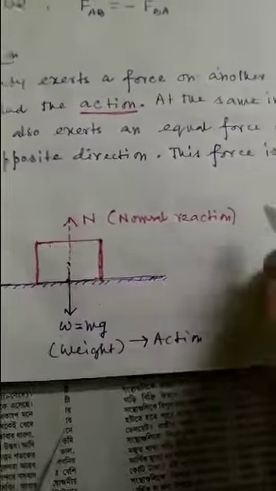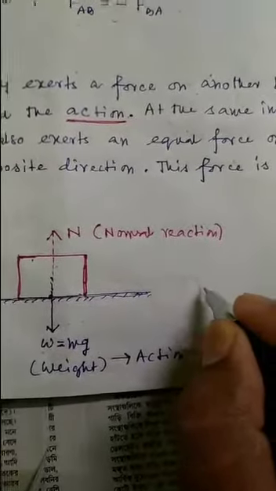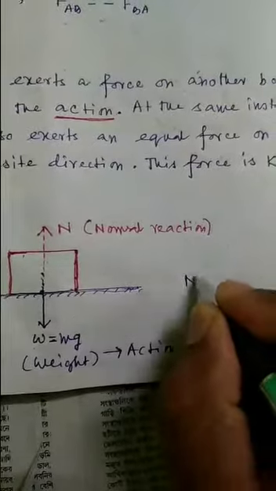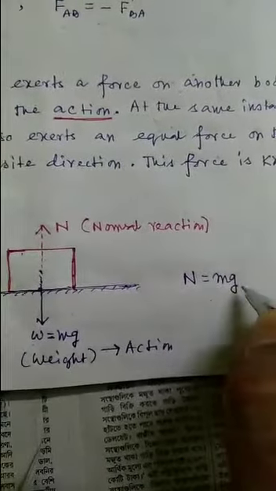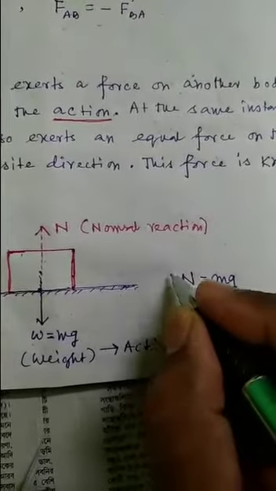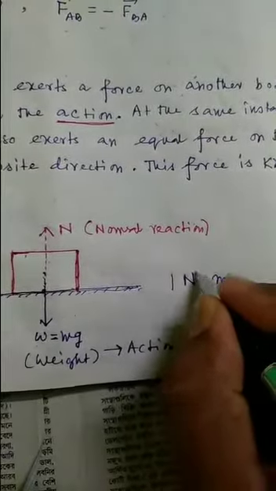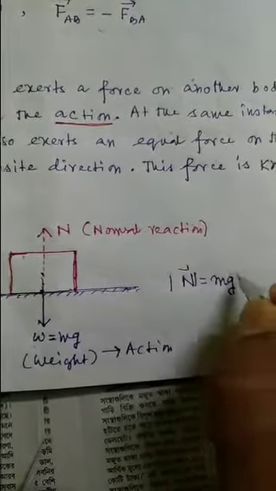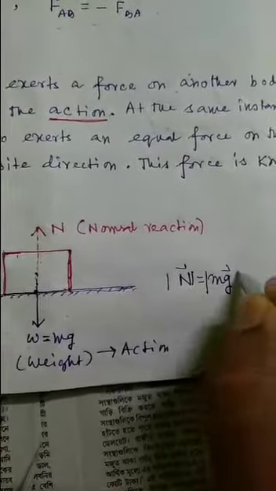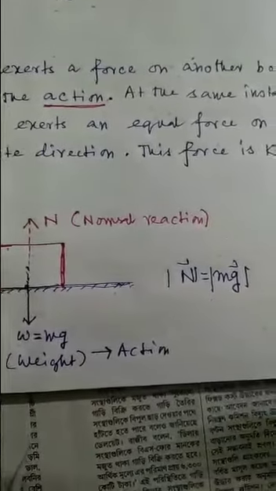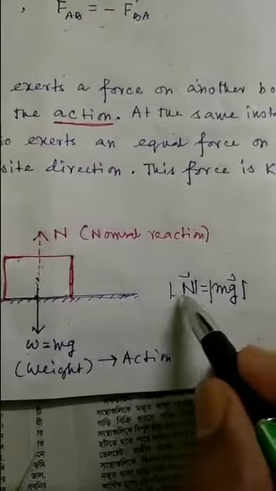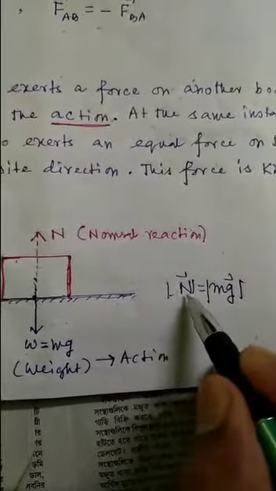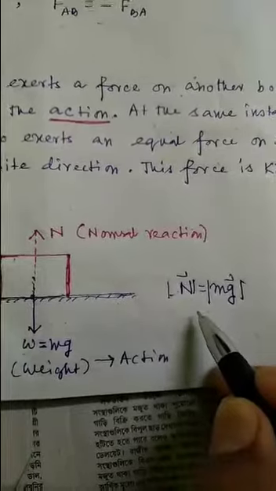According to Newton's third law, we can write N, the normal reaction, is equal to mg. That is, in magnitude they are equal. When I want to state the magnitude only, you have to put the force within these parallel bars. This is known as the modulus.